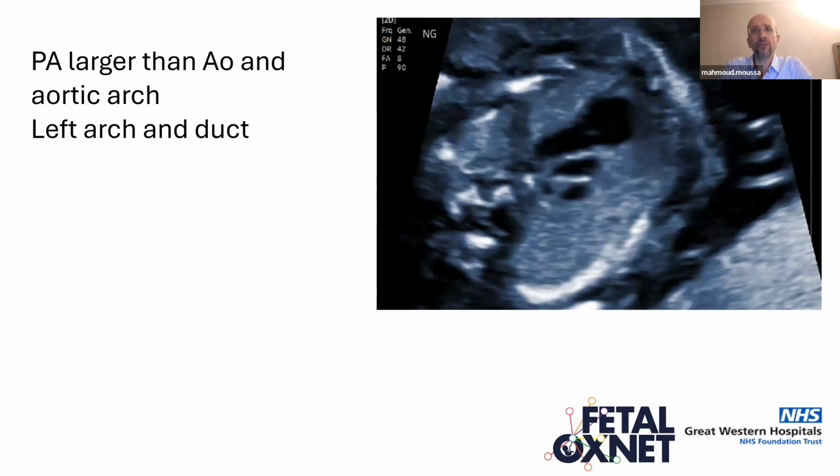Then what about this one? If we move to a different example, now in this 3-vessel view, you can see the pulmonary is slightly bigger than the aorta. Again, both of them normal in shape and normal in position.